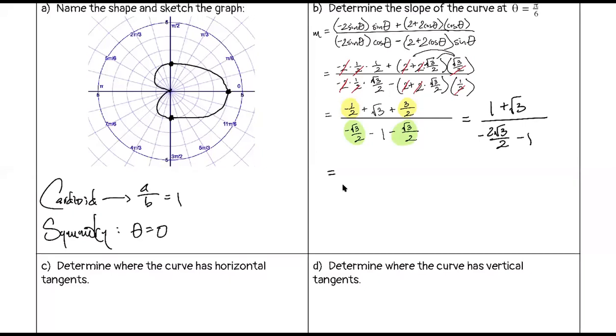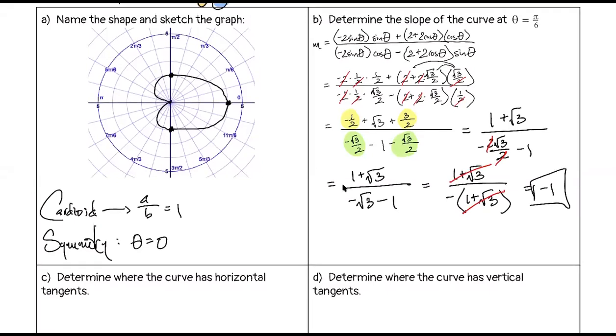And these reduce. So really I have 1 plus √3 over negative √3 minus 1, which if I factor the bottom gives me negative parentheses 1 plus √3, which is super nice because these reduce and I'm left with a final slope of negative 1.